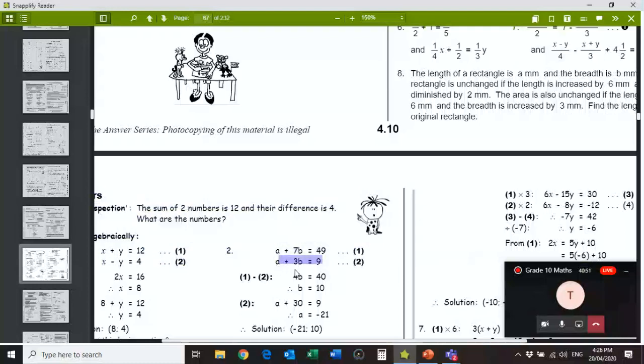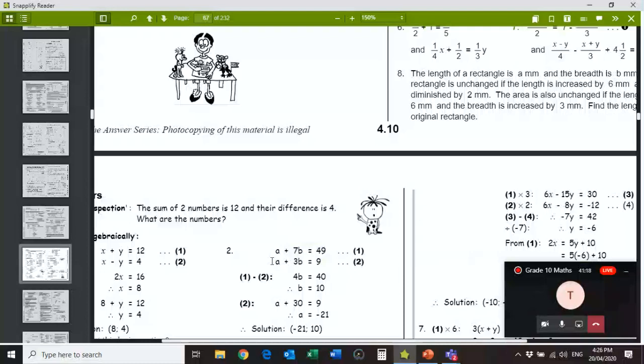Then we have our second equation. Can you see that it's easiest to just eliminate the A? How do I do that? Simple and easy. All I'm going to do is say equation 1 minus equation 2. Because in order to get the A away, this is a positive and I need to minus it.